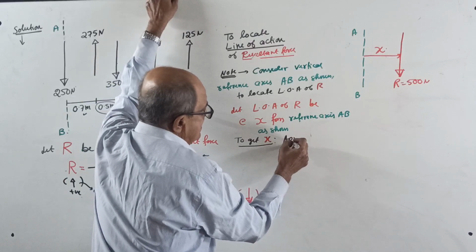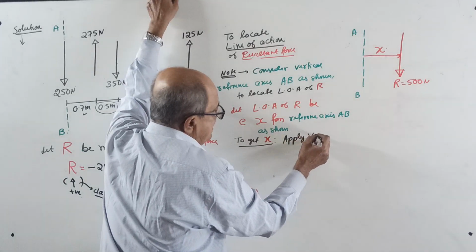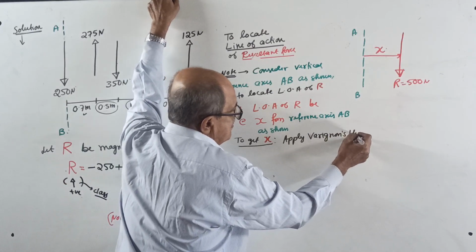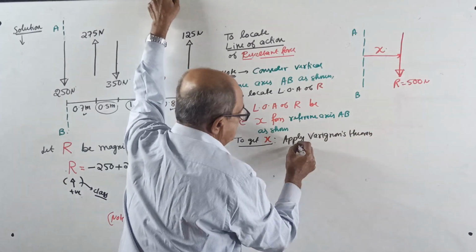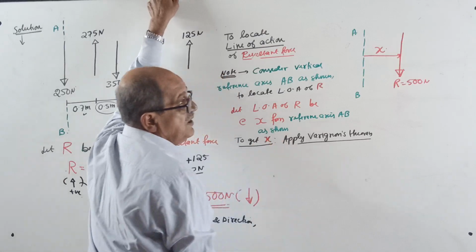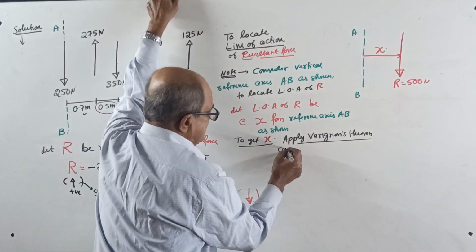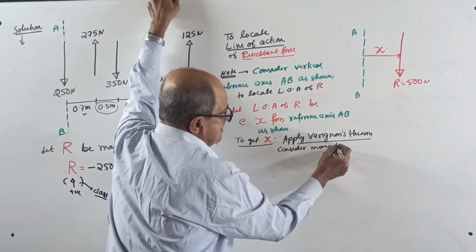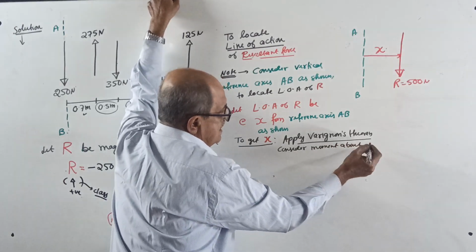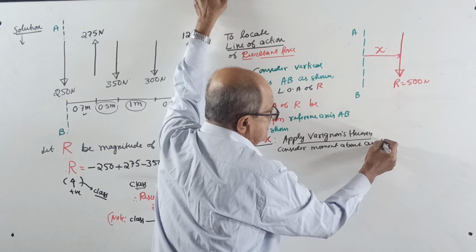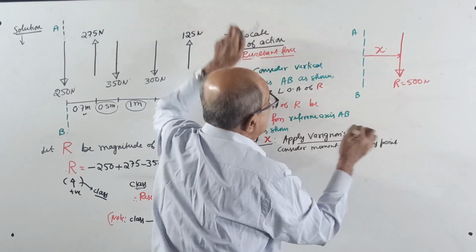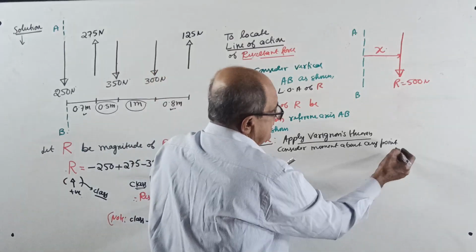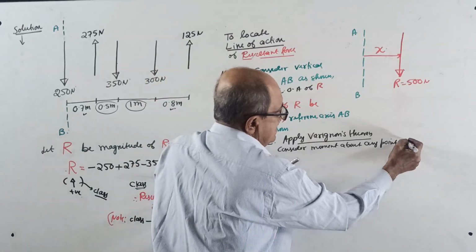To get x, apply Varignon's theorem. Consider moment about any point in AB.